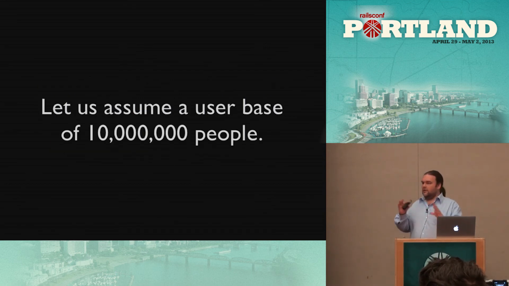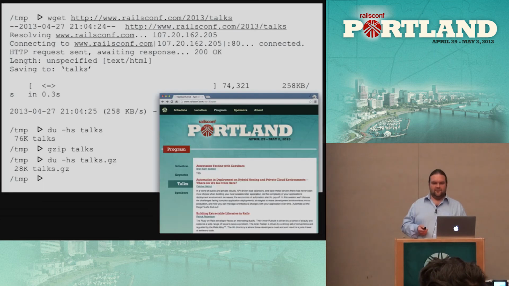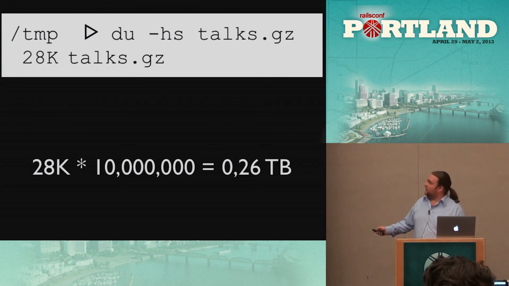Just to give you an idea about the numbers, let's assume we have a user base of 10 million. Is it million or is it billion? I'm always confusing that. But million. I downloaded the talks page of RailsConf, and that is, as a gzip file, 28K.